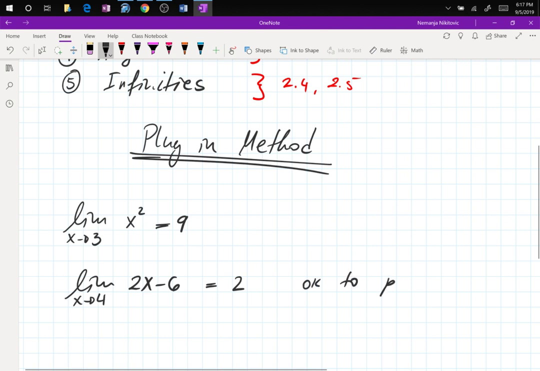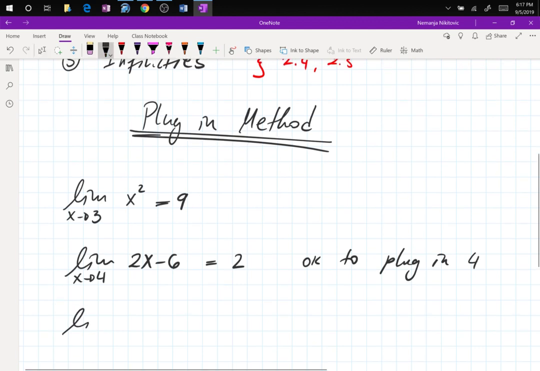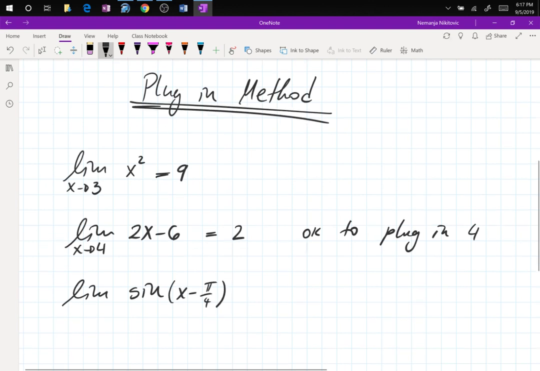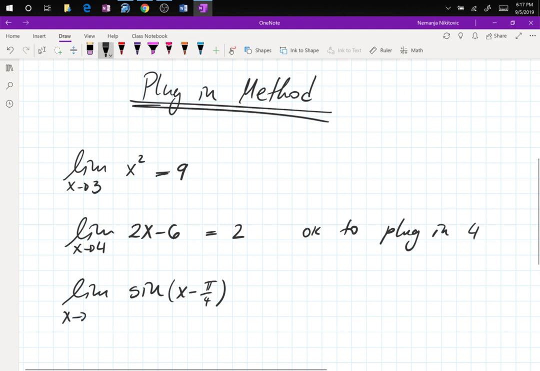Okay, to plug in 4. That's okay, right? If you go and say, what is the limit of sine of x minus, let's say, pi over 4, as x approaches pi?